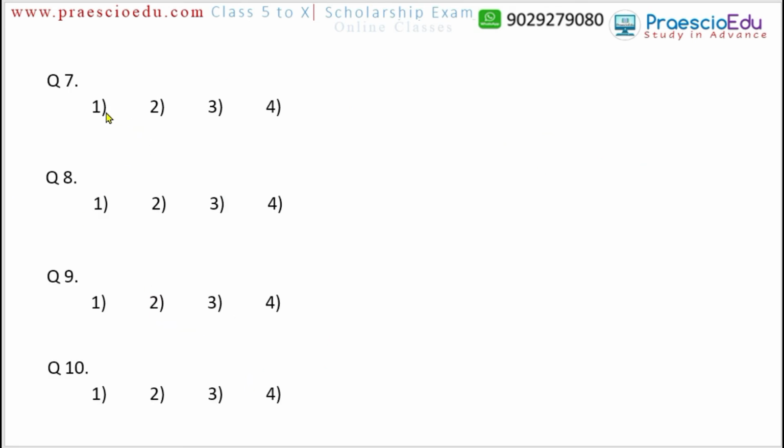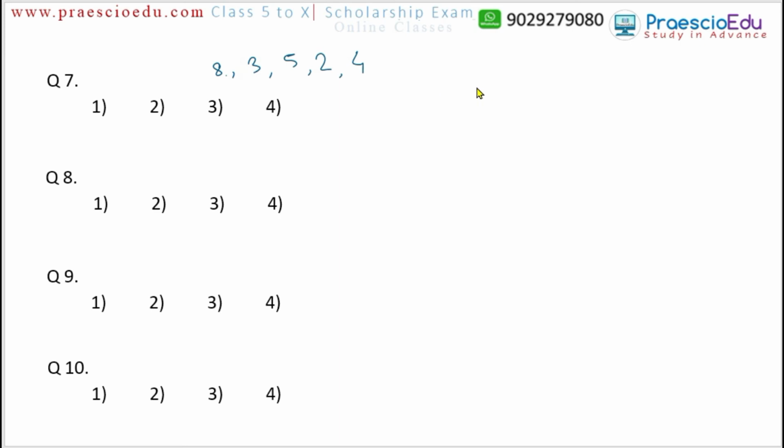Now comes question number 7. Which of the following is the greatest 5-digit odd number formed using the digits 8, 3, 5, 2 and 4? We have to find the greatest odd number. That is very important. Greatest 5-digit odd number. Now all are 5-digit.